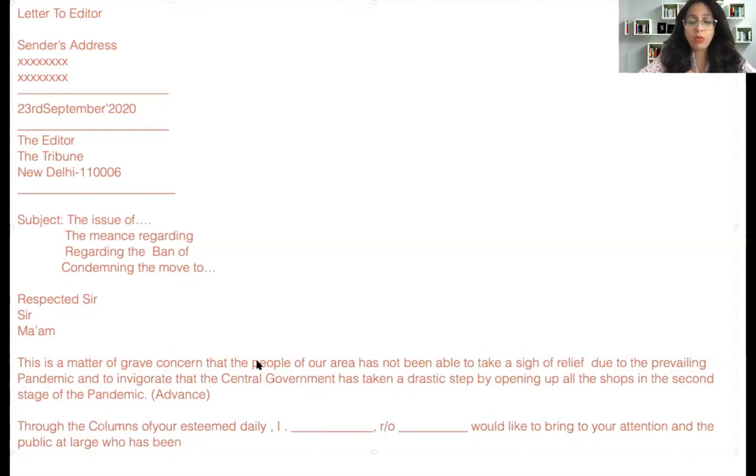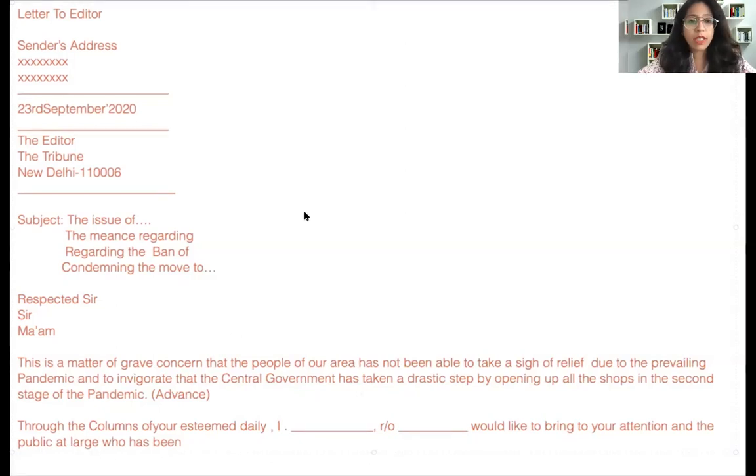Then you can open up the topic provided by the examiner, for example, this is a matter of great concern that the people of your area have not been able to take a sigh of relief. Till this point you can manage, and then you can write your own. And for those who are really beginners, they can start with beginnings like, through the columns of your esteemed daily, I, your name, resident of.